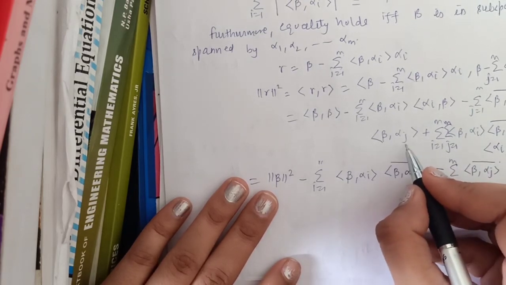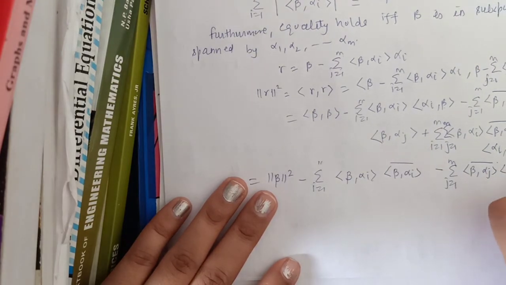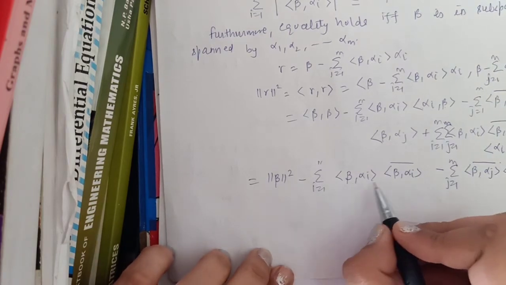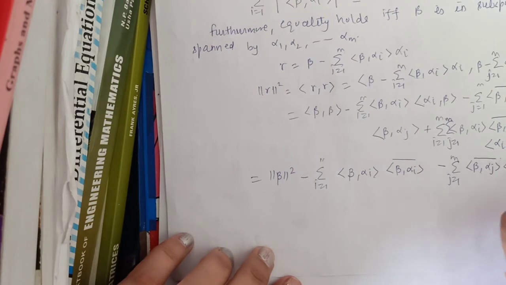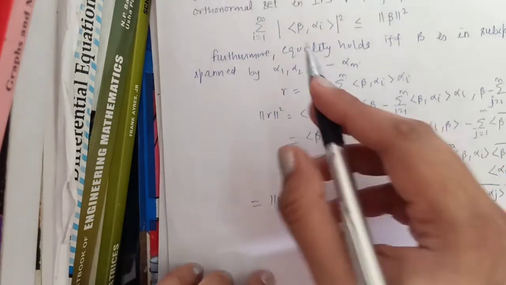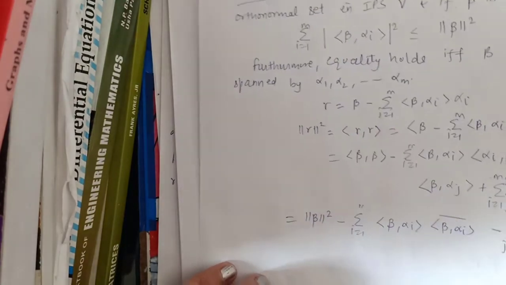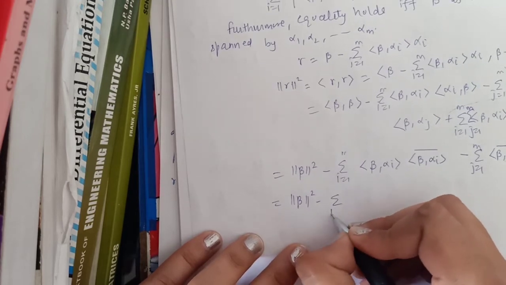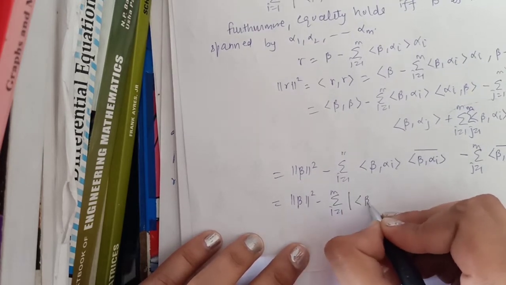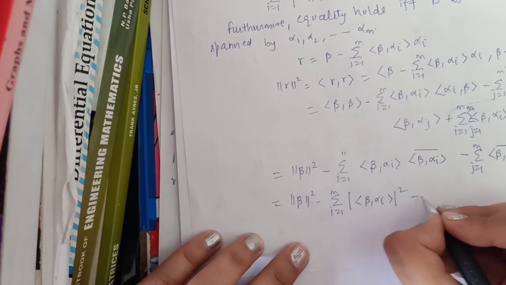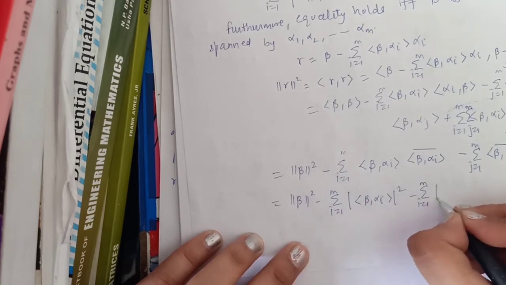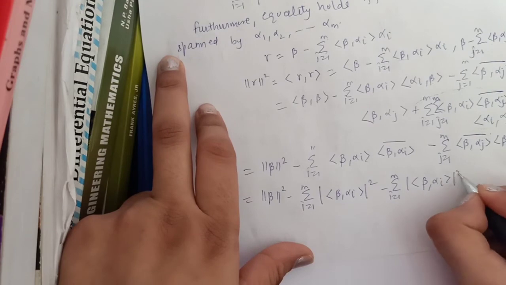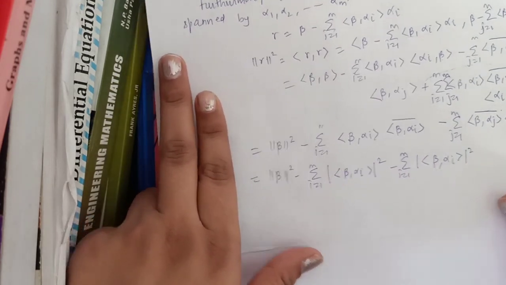This is beta with alpha j, so I will write it as beta with alpha j only. Then this will become mod of the inner product of beta with alpha j, and this will become mod of the inner product of beta with alpha i. This term has already become 0 due to this. So we have norm of beta square minus summation i from 1 to m, mod of beta with alpha i square, minus summation i from 1 to m, mod of beta with alpha i square.